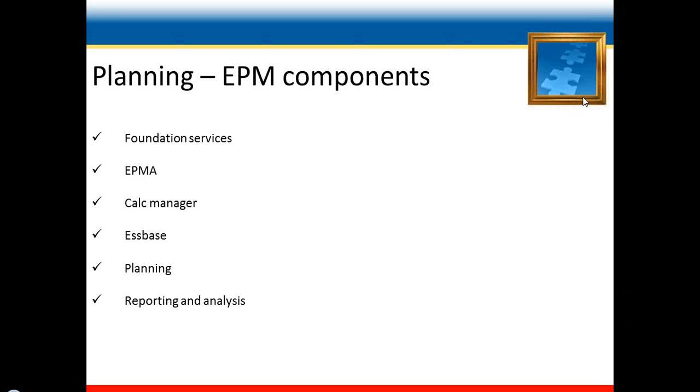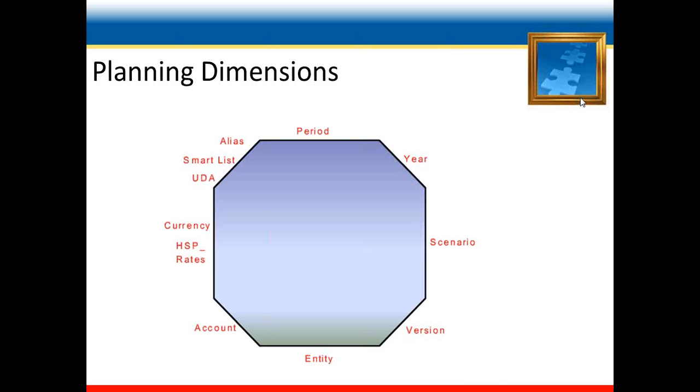Calc Manager, where you create rules and rule sets for the planning application. Essbase, which is used to store planning data. Then Planning, where you create different types of planning applications for each module. Then Reporting and Analysis, where you create and manage reports for the planning application.